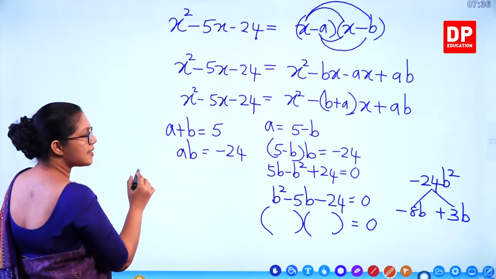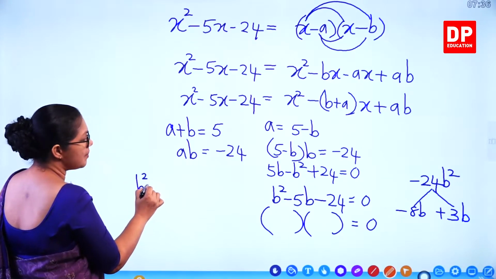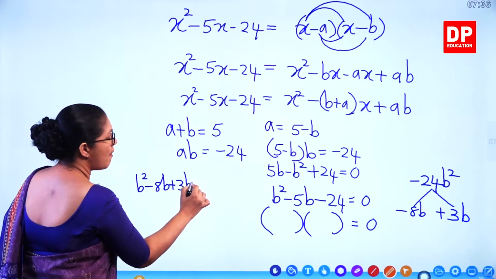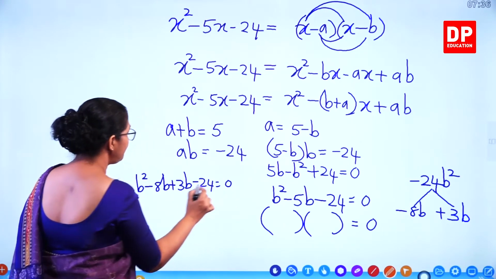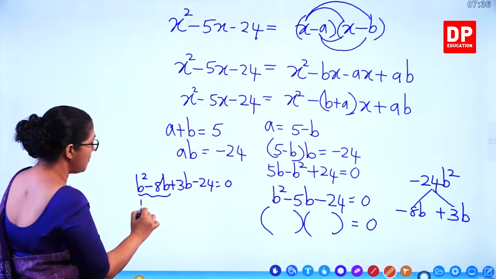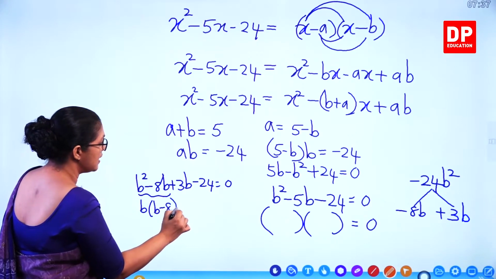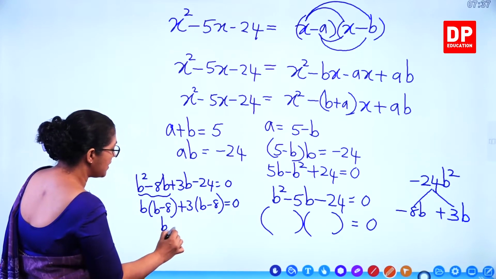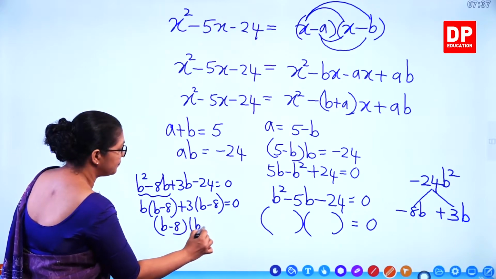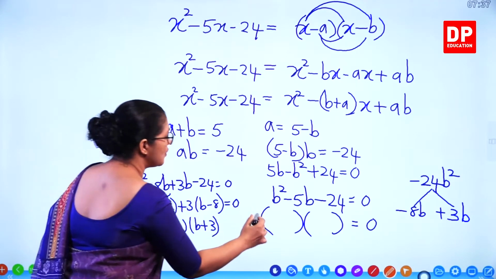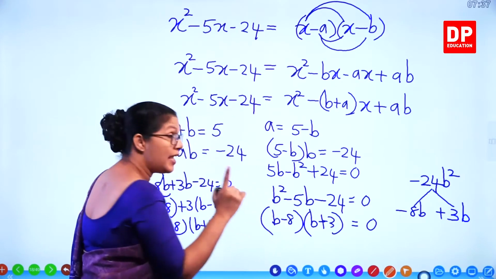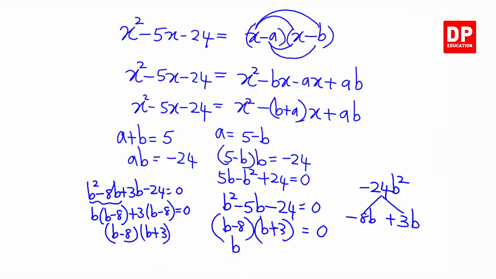So when you are doing that separately, b squared minus 8b plus 3b minus 24. Take 2 at a time, you get b minus 8. Take plus 3, b minus 8. So what are the factors? b minus 8 or b plus 3. So b minus 8, b plus 3. When you equate to 0, you get either b equals 8 or b equals minus 3.